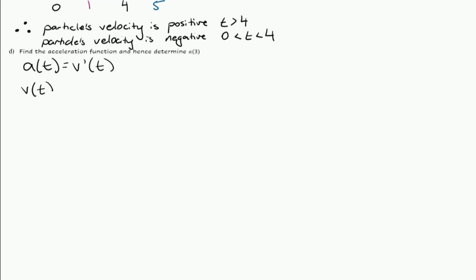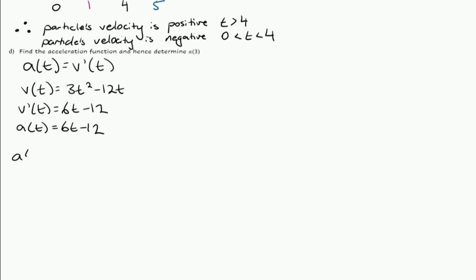My velocity function is equal to 3t squared, take away 12t, which means the derivative of this is going to be 6t take away 12. And of course, I know that this is equal to my acceleration function. So 6t take 12.